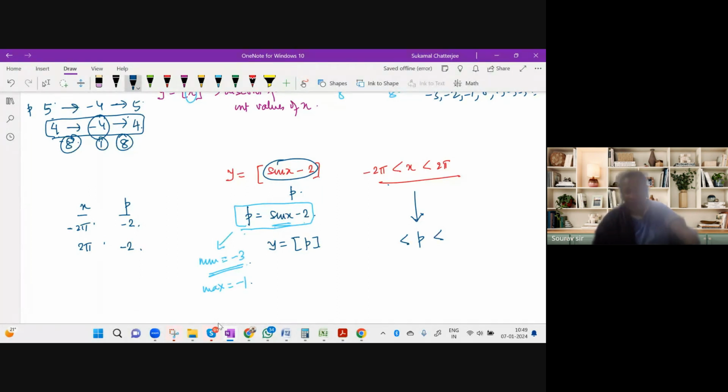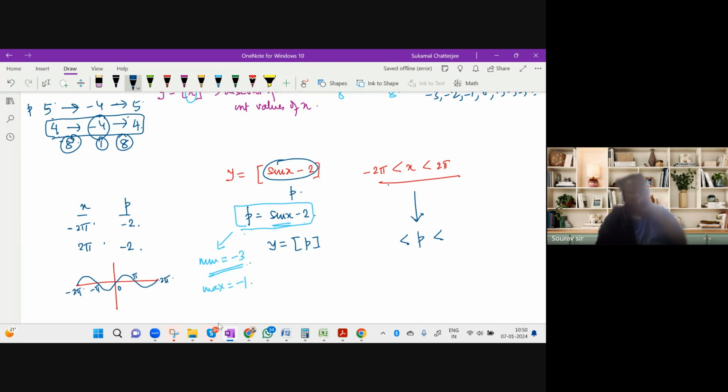Now another interesting thing. The sine function is sinusoidal, it is periodic. So if you observe from minus 2 pi to plus 2 pi, the sine function behaves like this. This is minus 2 pi, this is minus pi, this is 0, this is pi, and this is 2 pi.